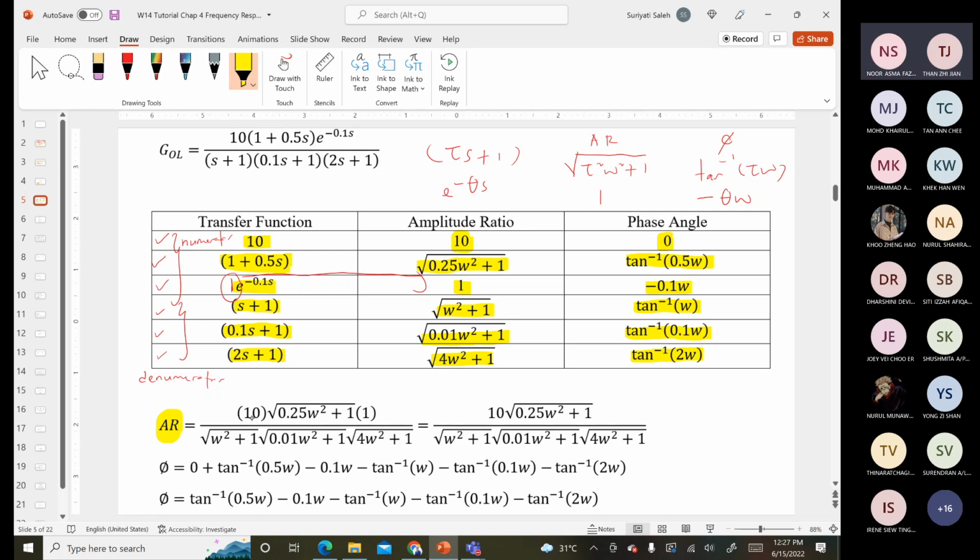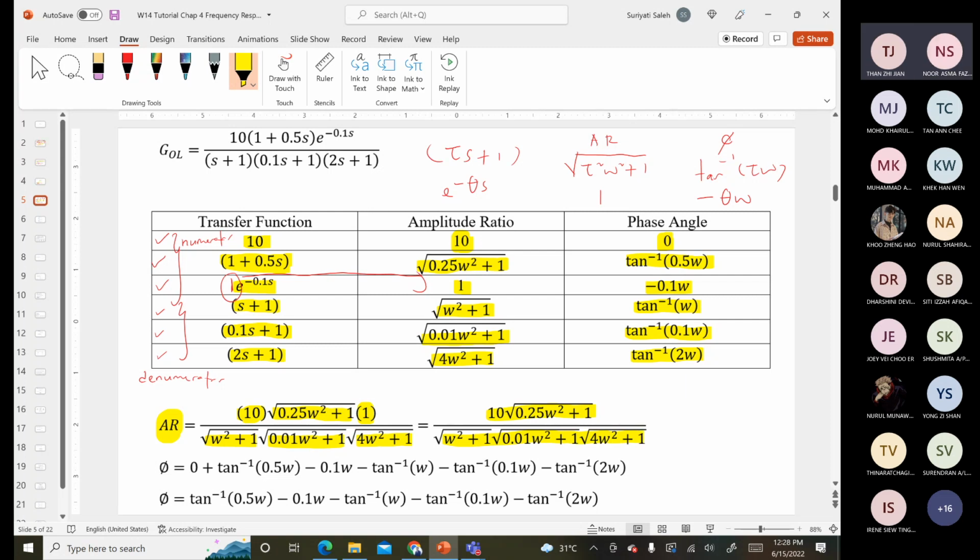So here you can see you have 10 times square root of 0.25 W square plus 1, and then 1. And then the bottom of your equation, square root of W square plus 1, square root of 0.01 W square plus 1, and square root of 4 W square plus 1. This one you don't need to do further expansion. You just leave it as it is, like this.